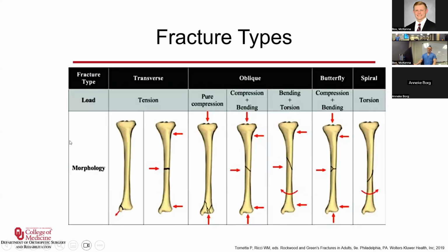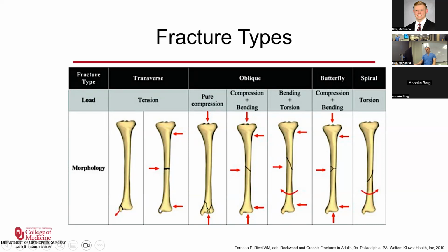Going into the different forces that can cause fractures, you have 4 main ones. You have a transverse fracture, an oblique fracture, a butterfly fragment, which is kind of a mix of a transverse and oblique fracture, then a spiral fracture. Each one of these has different forces that cause them to occur. Transverse fractures usually are due to bone failing in tension.